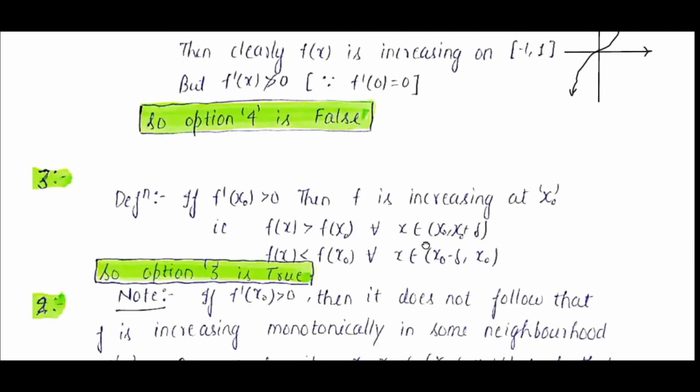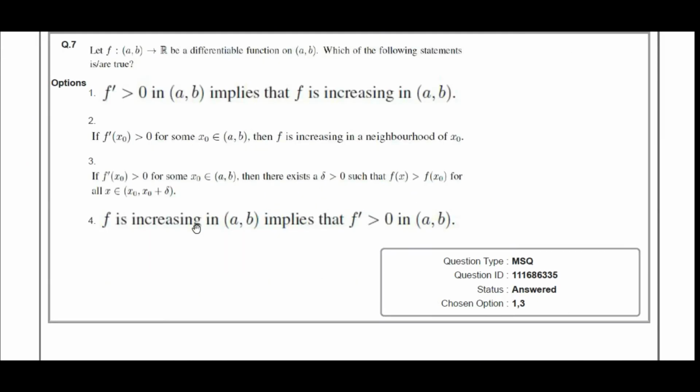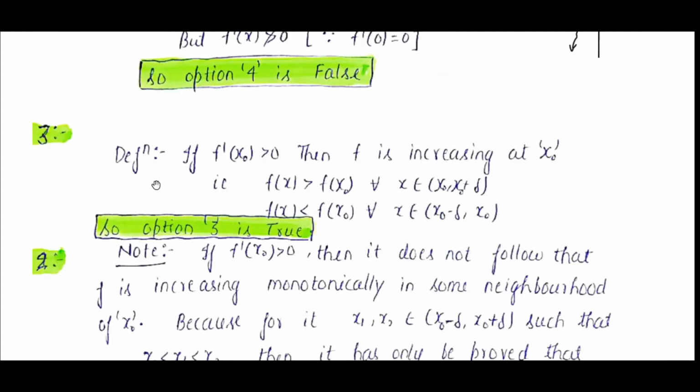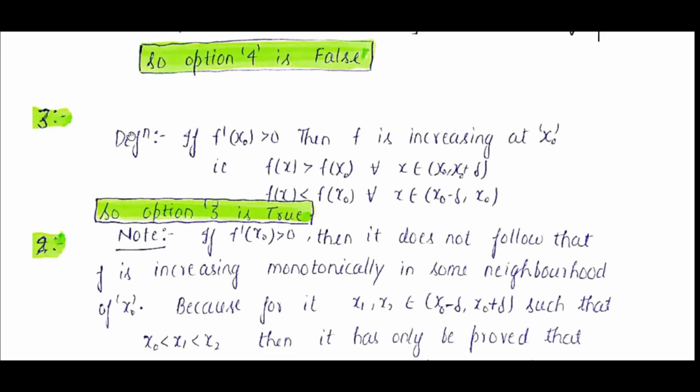Now come to option 3. The option says if f'(x0) is greater than 0 for some x0 belonging to open interval (a, b), then there exists a delta greater than 0 such that f(x) is greater than f(x0) for all x belonging to (x0, x0 + delta). For this option, first we see a definition.